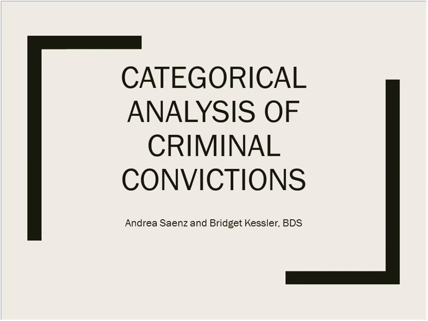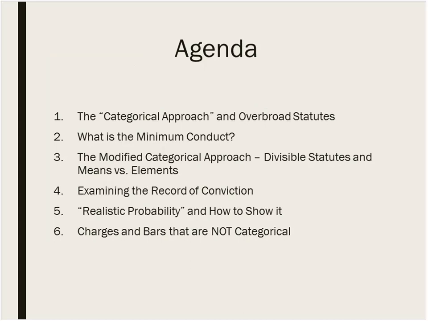We are going to just jump in here with one of me and Bridget's favorite topics, which is categorical analysis of criminal convictions. We are sure that there are all kinds of different levels on the presentation today, but we hope this will be a good review for those of you who have done categorical analysis, of the state of the case law.